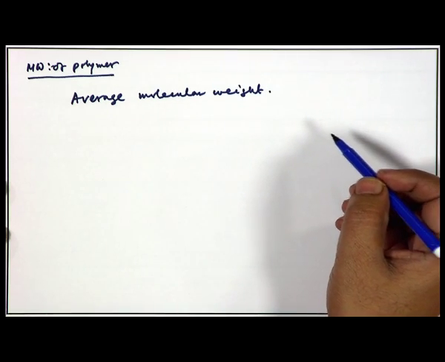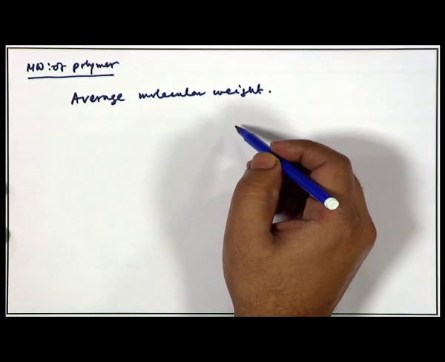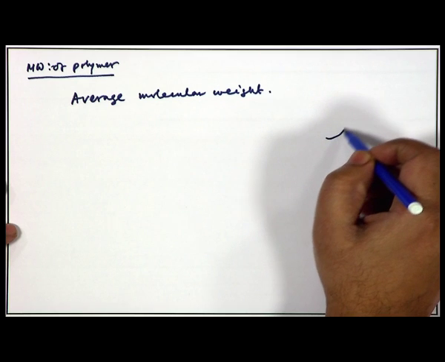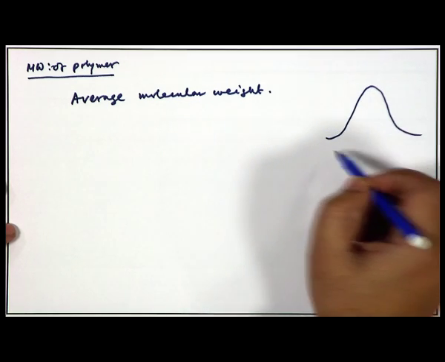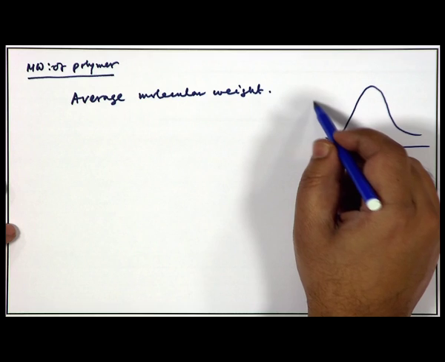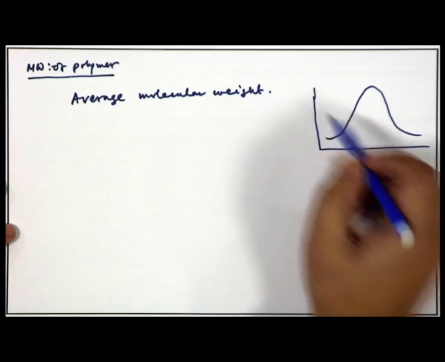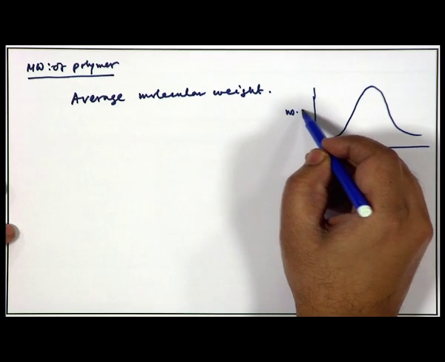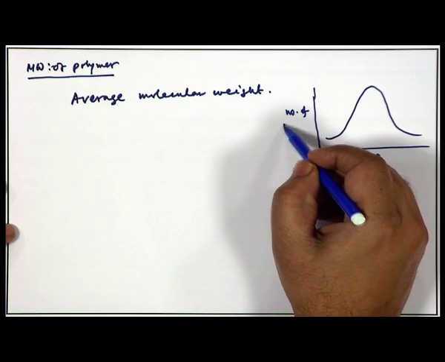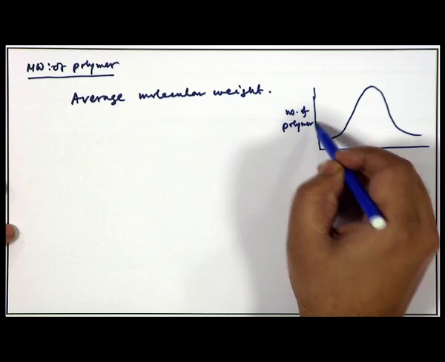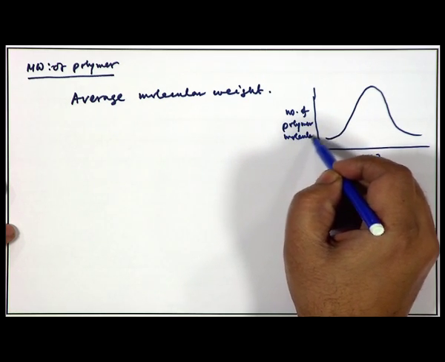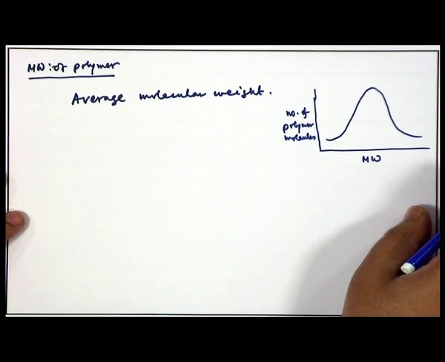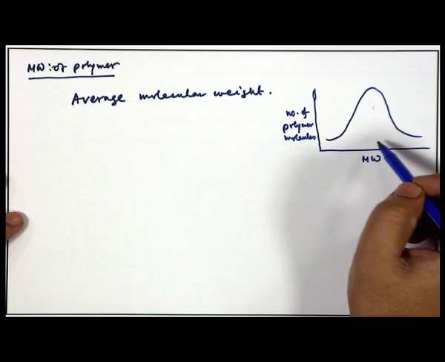Because it will have a distribution like this, where this is the molecular weight of individual chains, and this is the number of polymer molecules. So, you will have a distribution like this and you have an average.